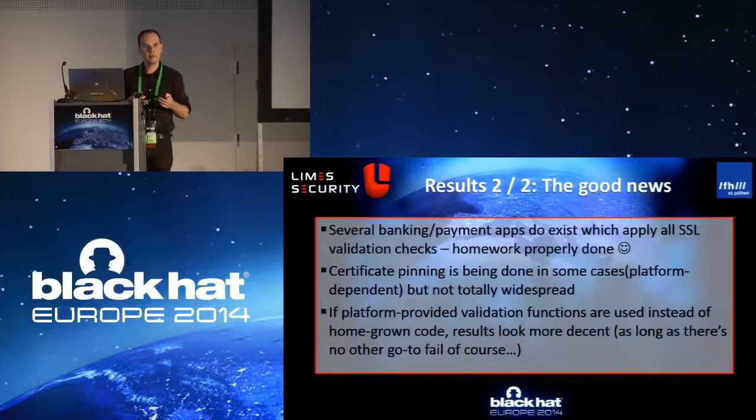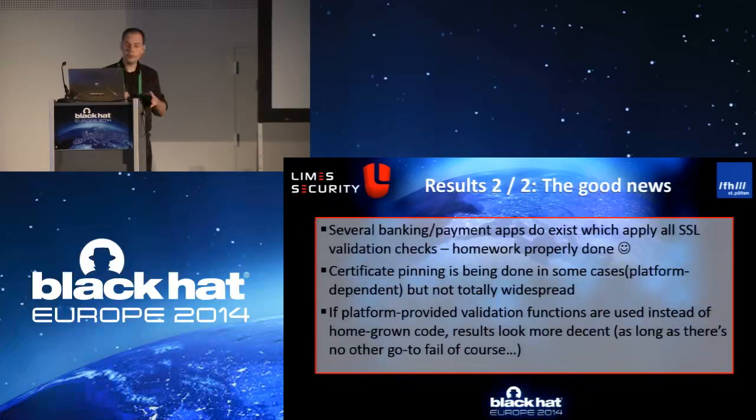When talking to banks, it was most of the time more on the Android side. Why? Because on the Android side, those guys have had issues already with banking Trojans doing exactly the same thing as we have been doing, bringing their own certificate authority with them, installing it into the device storage, and then being able to tap into the mobile connections.